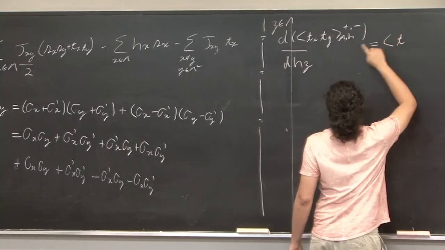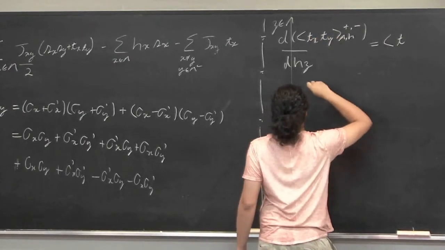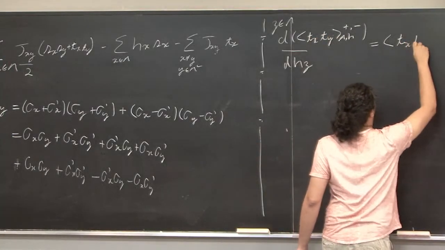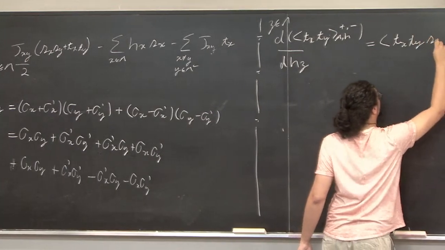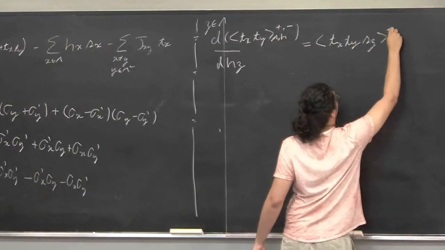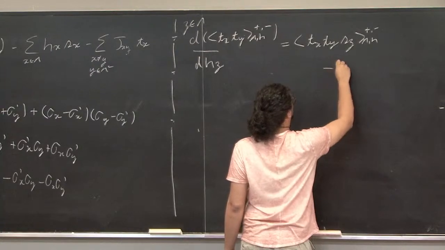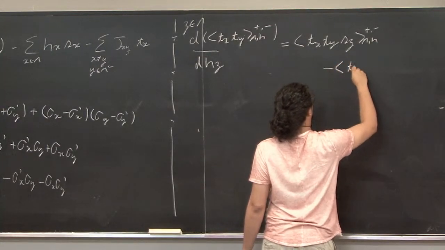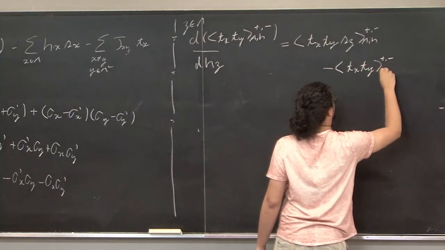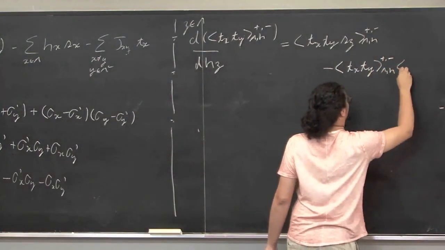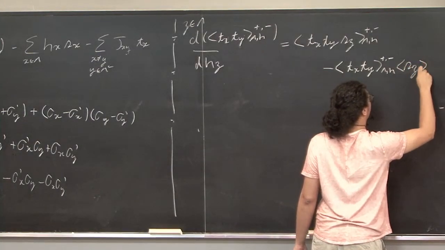This is gonna be tx, ty, and now you get the term s_z plus and minus lambda and h, and you have the minus term here, tx, ty plus and minus h, and here you multiply by the s of z, s of z plus and minus.